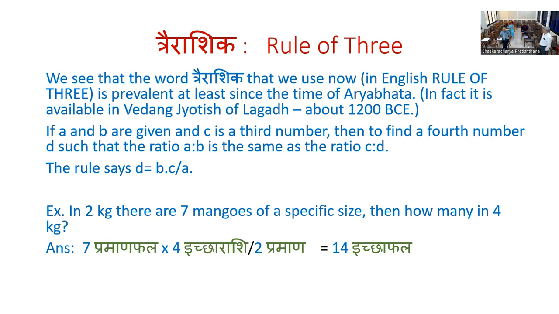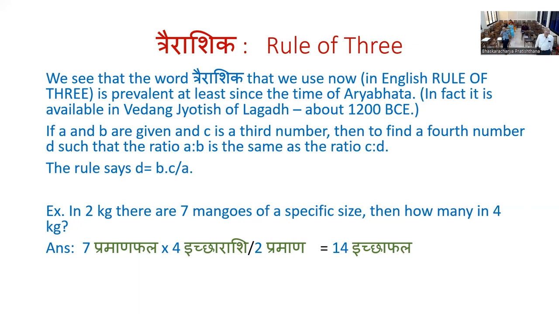Vedanga Jyotish is considered to have been written around let us say 1300 BCE, that is the period, because there are different suggestions for this period. So 1200, 1400, 1300, like that. So there, for the first time, I have seen this mention of rule of 3.